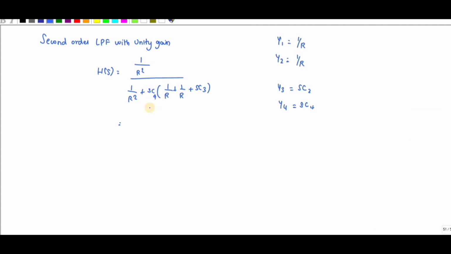So now multiply and divide the whole term by R square. You will get 1 divided by 1 plus SC4 (R plus R) plus SC3 R square.